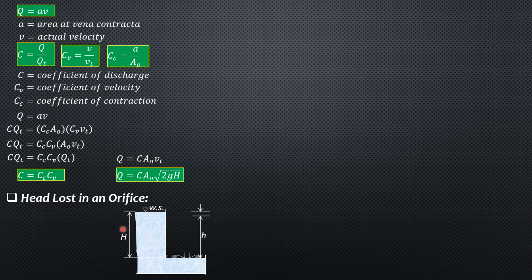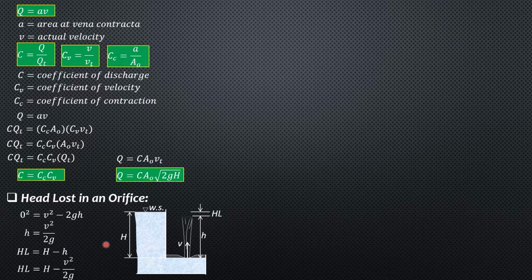Therefore, the difference between big H and small h is the head loss in an orifice. So since final velocity 0 equals initial actual velocity v square minus 2gh, so the value of small h is v square over 2g, or actual velocity head.